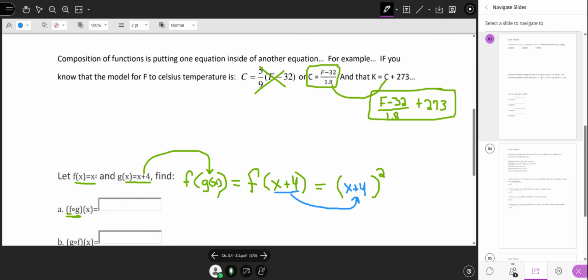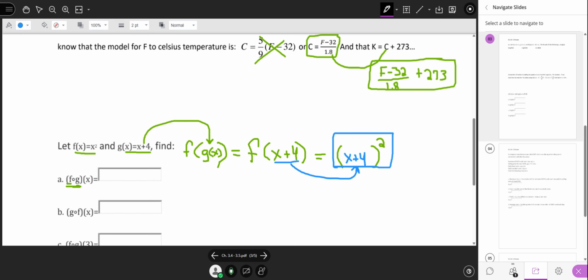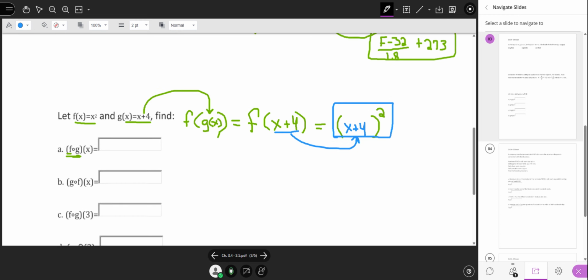And it should accept this. If not, then it wants you to simplify this by foiling. But it should accept this.